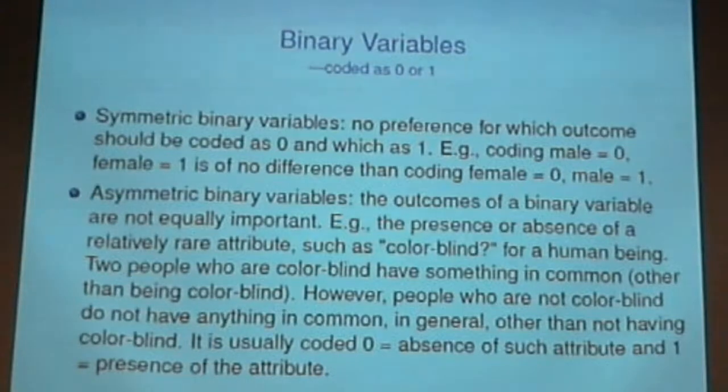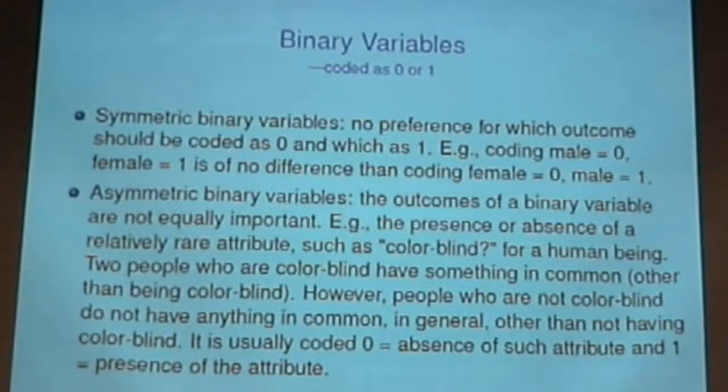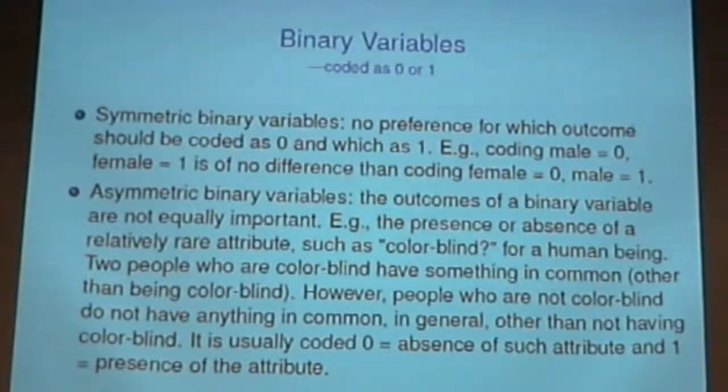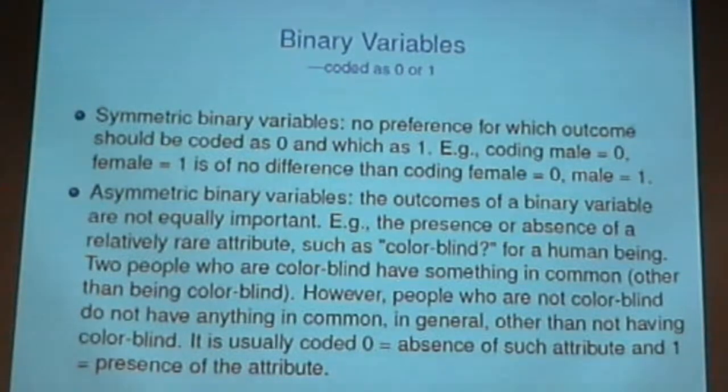But in a sense, I would consider an asymmetrical binary as some kind of ordinal data, isn't it? If you code 1, that means the presence or absence of that is of more serious consequence than the other label, right? Can we call this an ordinal binary data in a sense?